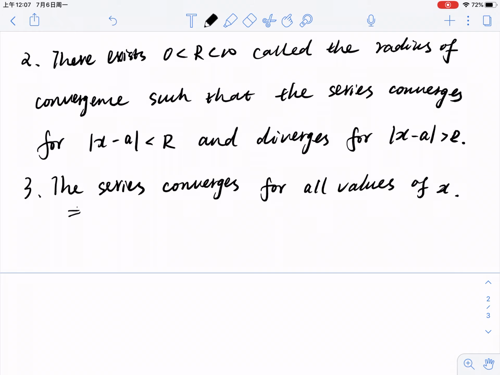In this case, the radius of convergence is defined to be infinity.